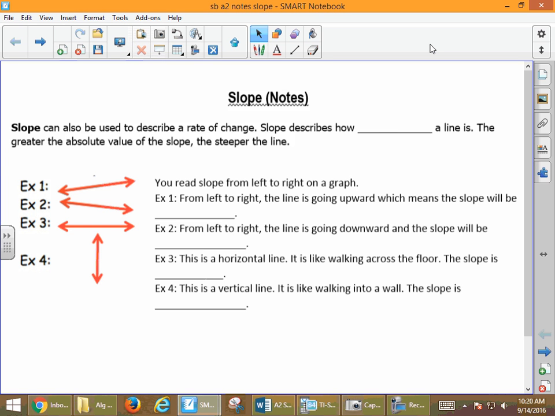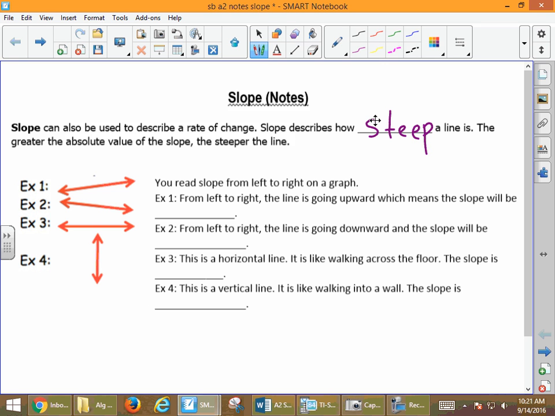Today we're going to talk about slope, and slope can be used to describe a rate of change. Slope describes how steep a line is.